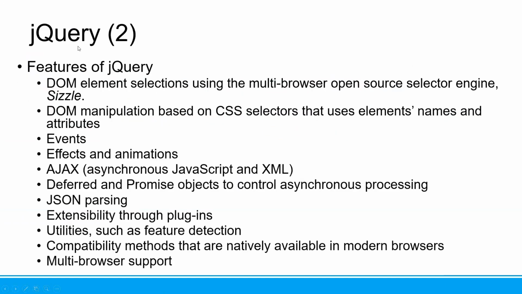So some of the features of jQuery: the DOM element selections. So this is the document object model using the multi-browser open source selector engine, or we call it Sizzle. So we will look at this one.